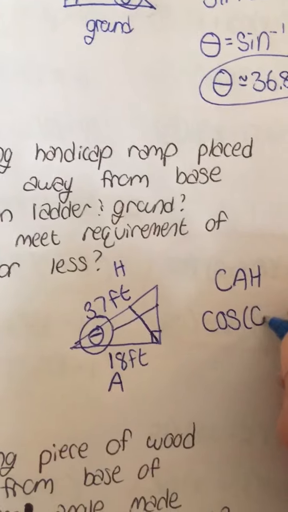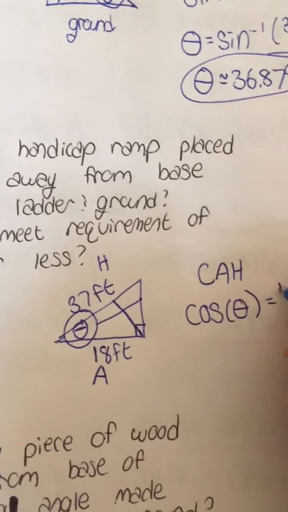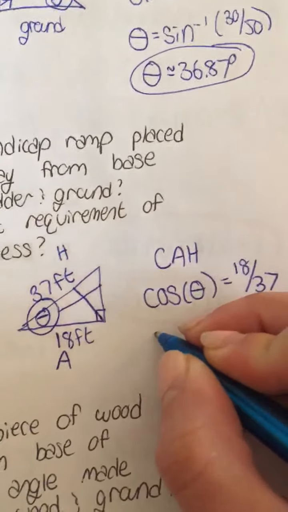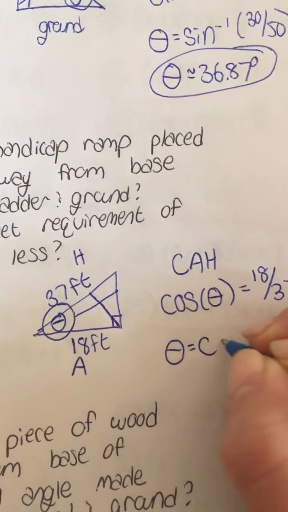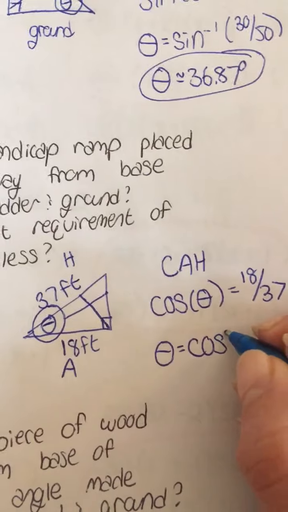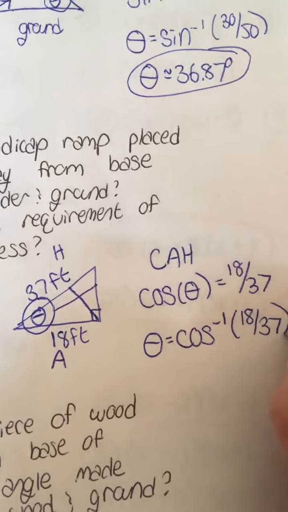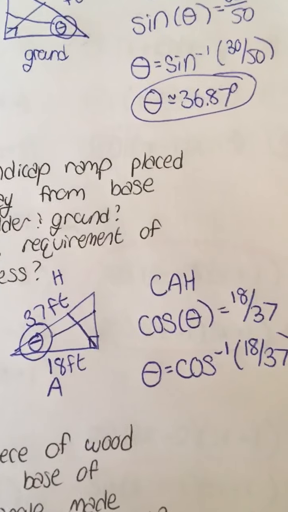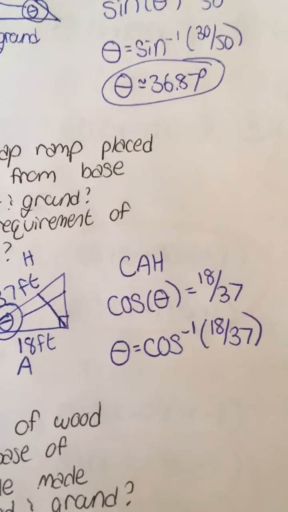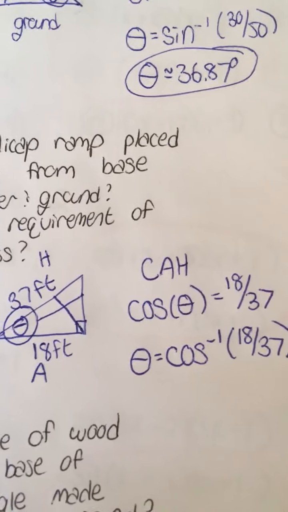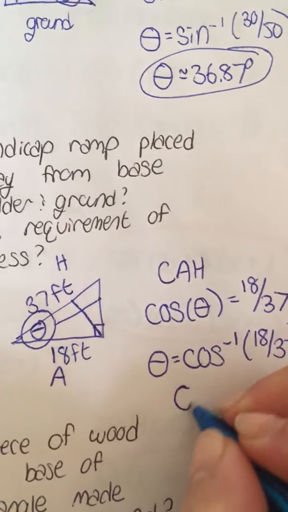So cosine of the angle equals A 18 over H 37. Solving for the angle, you're taking the inverse function of the ratio. So that would be cosine inverse of 18 over 37, which is 60.89 degrees.